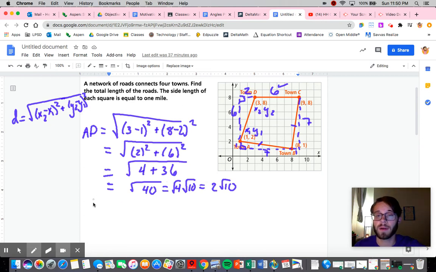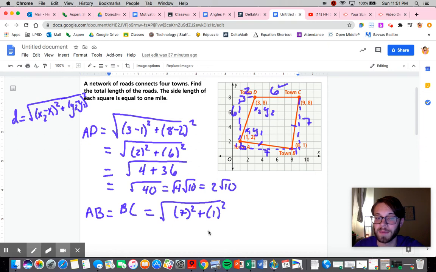So whatever I get for A to B, I'm going to get for B to C. Okay, so using that little trick I just showed you, because this is the Pythagorean theorem and when we plug in the points it's just 1, 7, we're just going to essentially have the square root of 7 squared plus 1 squared. If you plug in the points, you will just get that. I assure you.